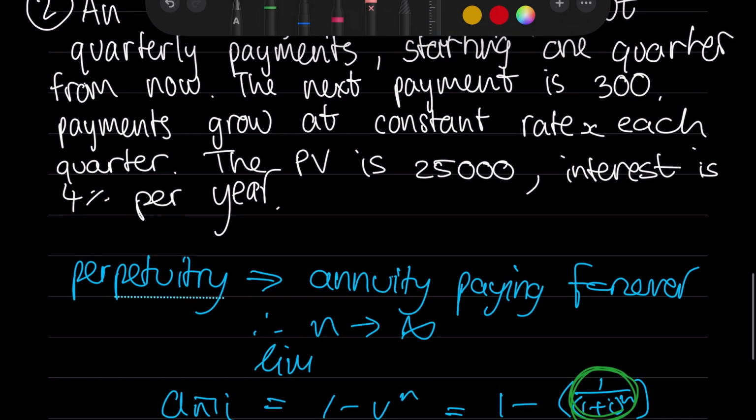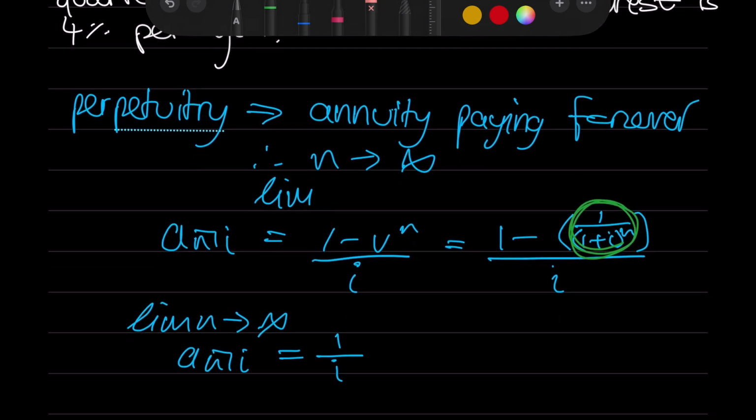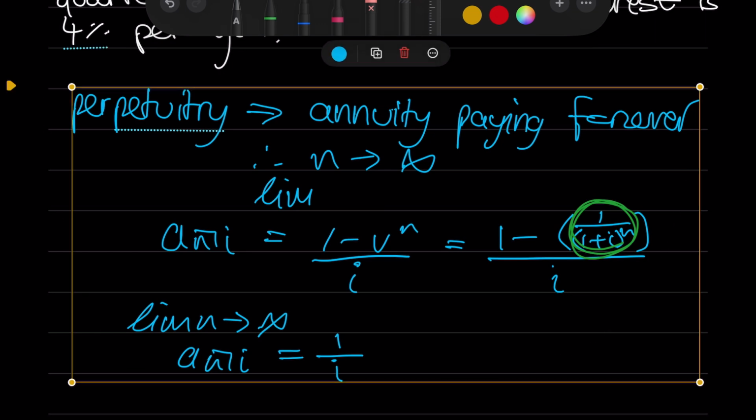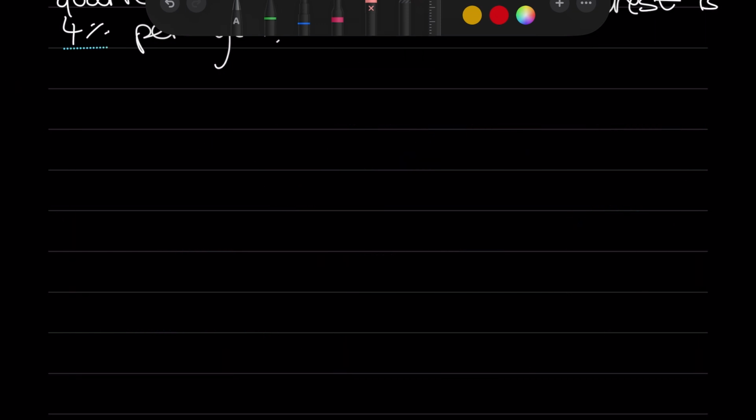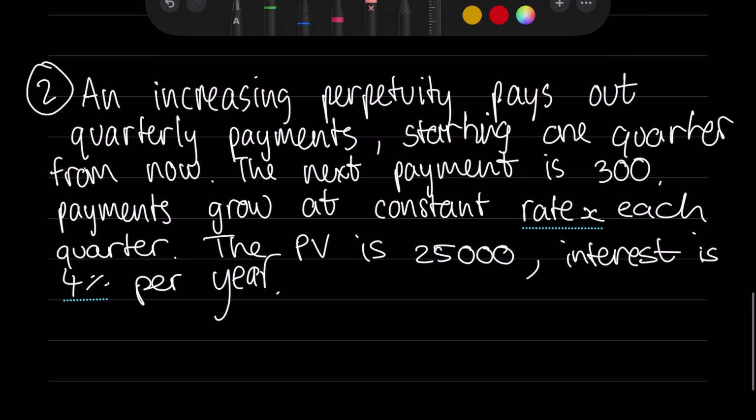So back to our calculation. Now that we know what perpetuity is, I'm going to remove this. Okay, what's the question saying? We have an increasing perpetuity, paying out quarterly payments starting one quarter from now.